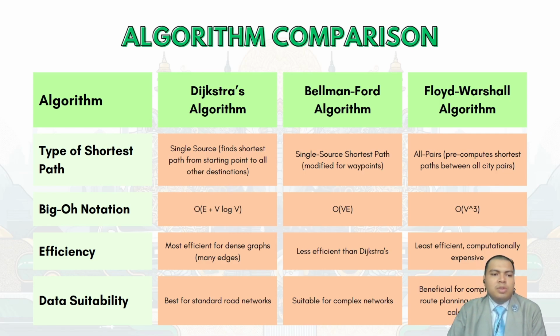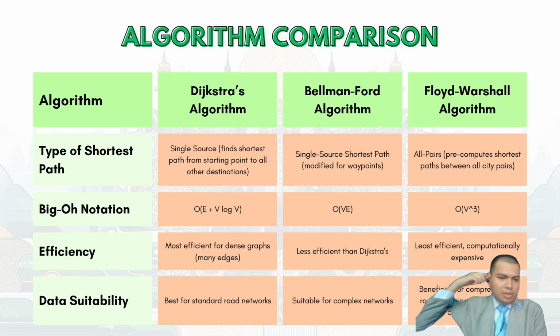In terms of type of shortest path, Dijkstra is single source, finding the shortest path from the starting point to all other destinations. Next, Bellman-Ford is single source shortest path modified for waypoint. And Floyd-Warshall is all-pair, pre-computed shortest path between all city pairs.